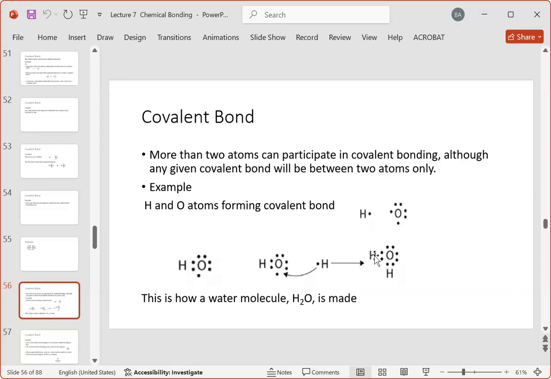Now it becomes two hydrogens and one oxygen, so now you have H2O. The H2O didn't come just like that, where somebody just said, "Oh, H2O." It came from knowing how to do the electron dot diagram and trying to satisfy the octet rule to get H2O.